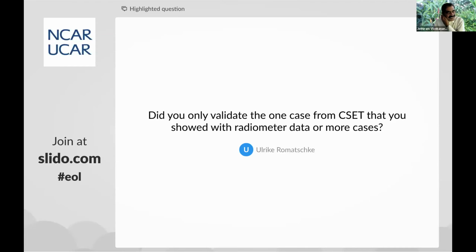Yeah, I looked at CSET only so far, because CSET was a warm cloud, not much ice contamination. I looked at about 3 to 4 other cases also. I haven't shown the results yet. In fact, when I started the radiometer comparison, I was warned by the PIs that radiometer calibration was questionable, and maybe you have to be careful.